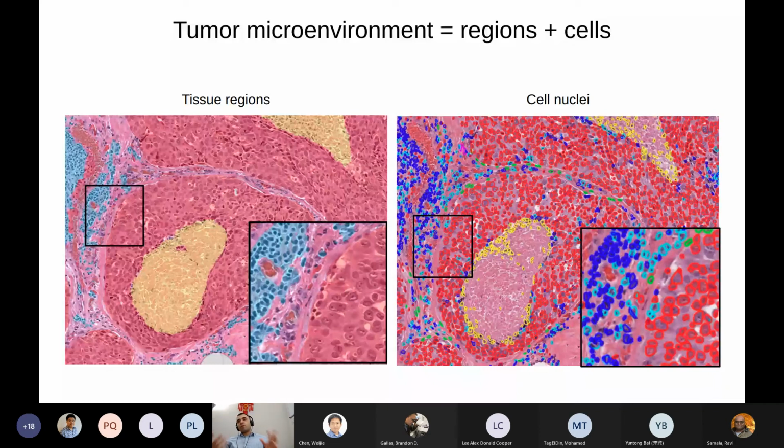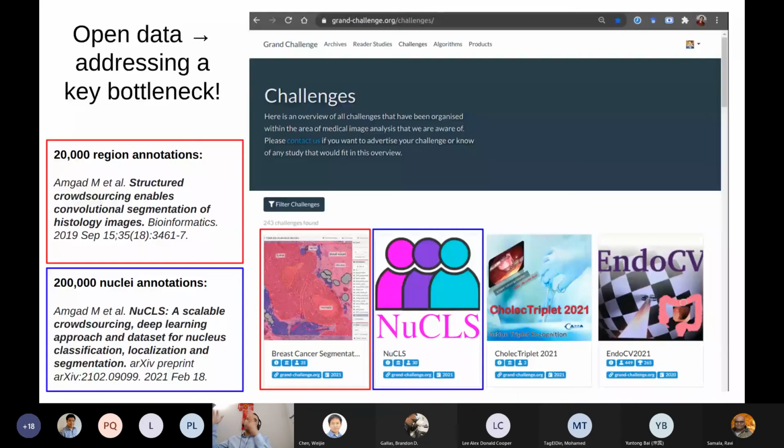So in this space, we try to address the small unlabeled data, big labeled data issue that I just talked about, and we try to address it using open data. Open data is the idea that we publish a lot of our annotations.